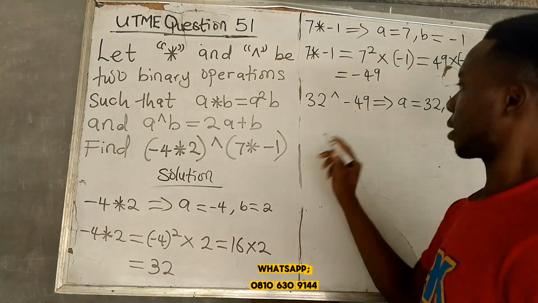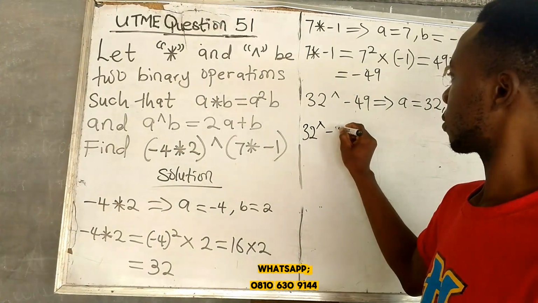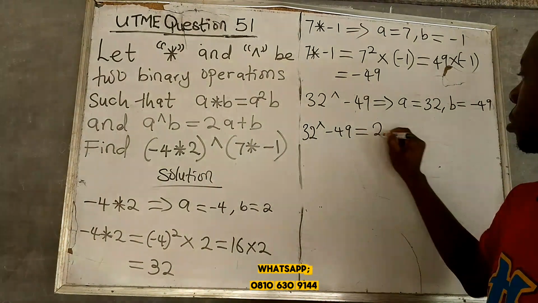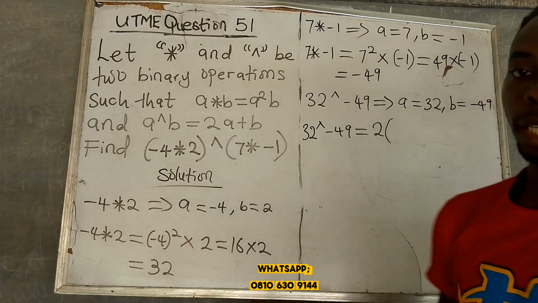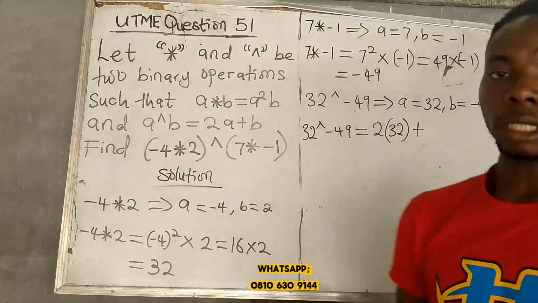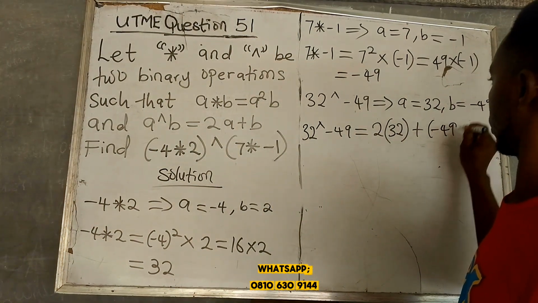So using this particular formula, 32 raised to the power minus 49 will be equal to 2, bracket a is 32, so you say 32 plus b. b is minus 49.